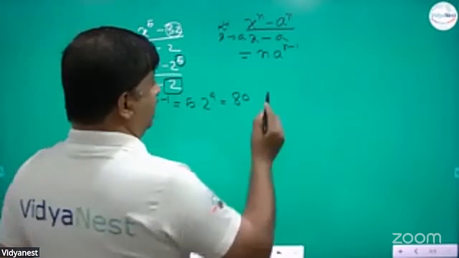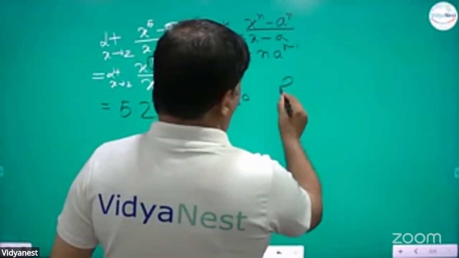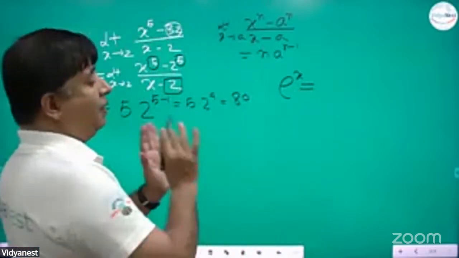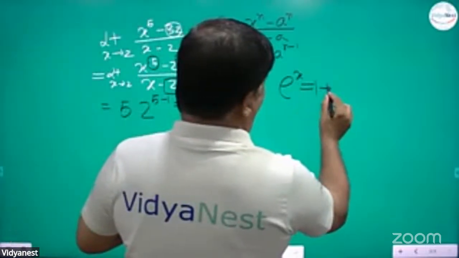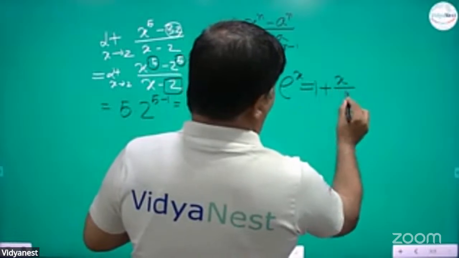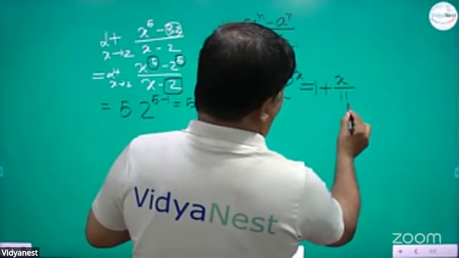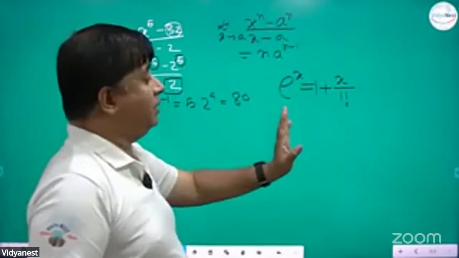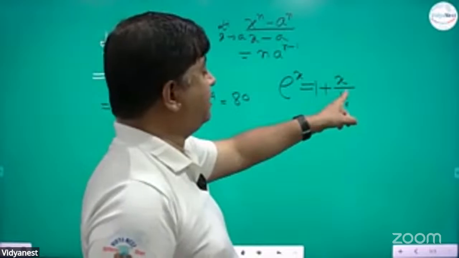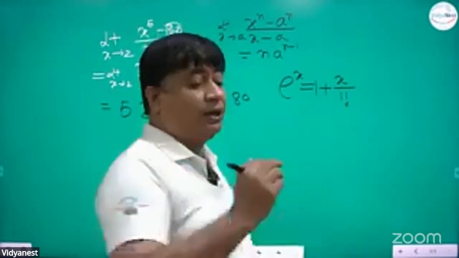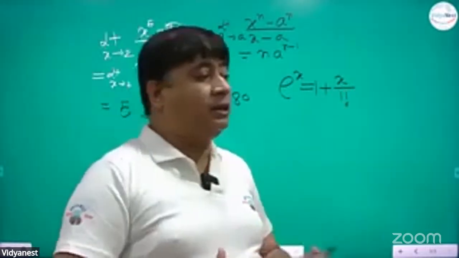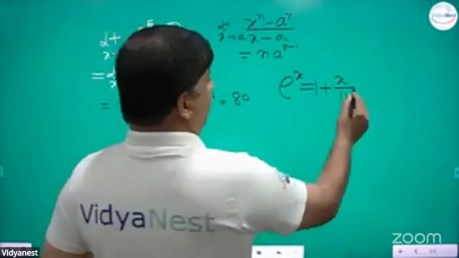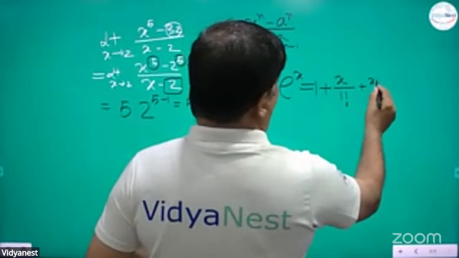See, first of all, one expansion, e^x. It has one expansion: 1 plus x by factorial 1, where this is called the factorial sign. Factorial is denoted by the exclamatory sign. From the term factor, we have got factorial. Plus x^2 by factorial 2.